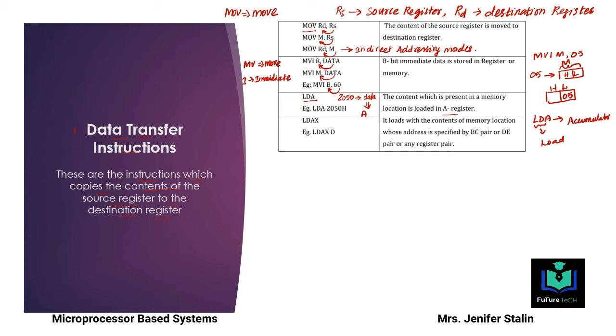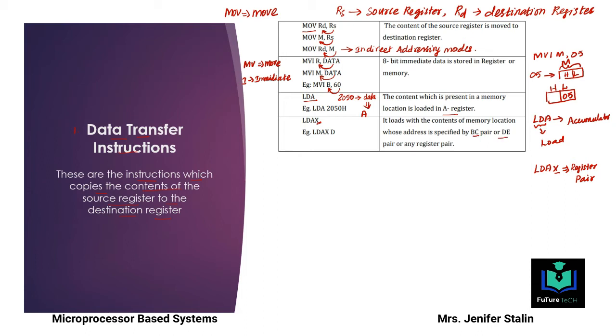The next instruction, similar to the load operation, is LDAX. Here the letter X specifies a register pair. It loads the content of the memory location whose address is specified by the BC or DE pair.